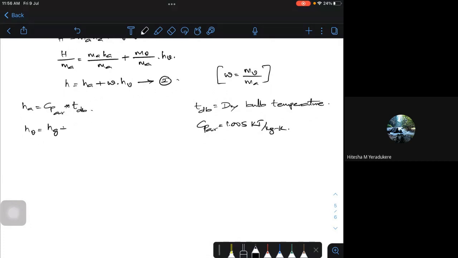That means HV is equal to Hg plus Cp of vapor, or saturated vapor, whatever it may be. Let me call that Cpv or Cps. Into the difference in temperature, that is the dry bulb temperature minus the dew point temperature, T_dp.